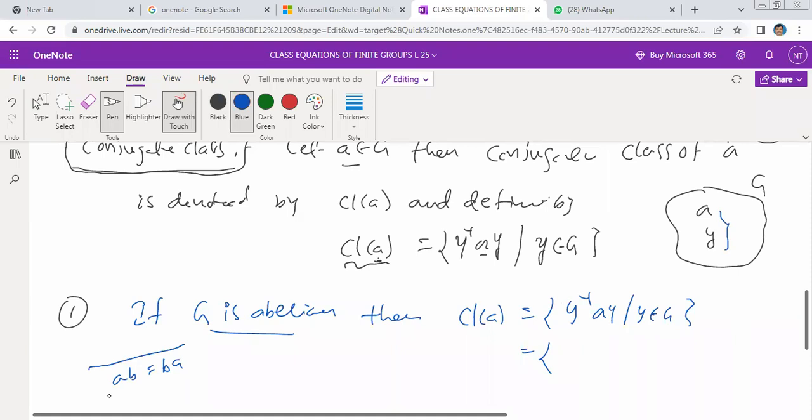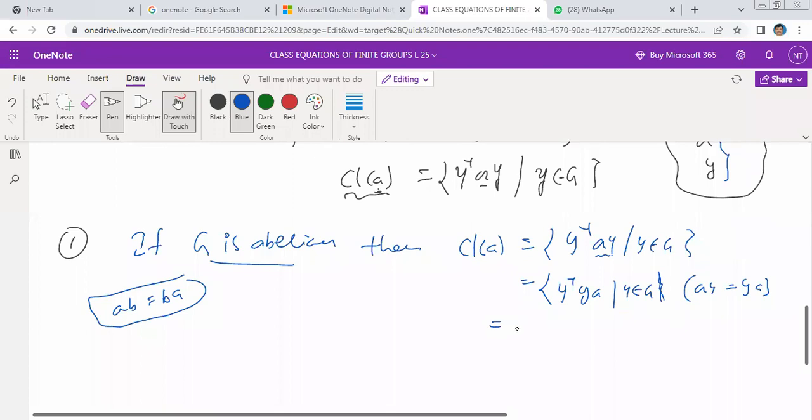AB is equal to BA. Here A is an element in G, Y is an element in G. I'm writing this as Y inverse Y A such that Y belongs to G, because AY is equal to YA since G is abelian.